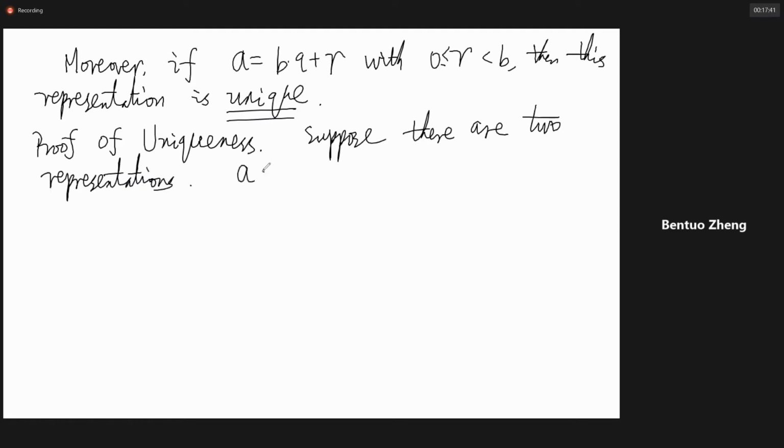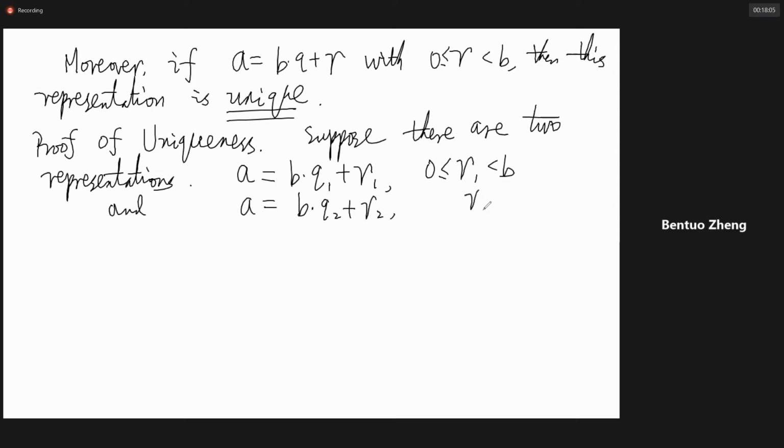That is A equals B times Q1 plus R1 with R1 between 0 and B, and A equals B times Q2 plus R2 with R2 between 0 and B.